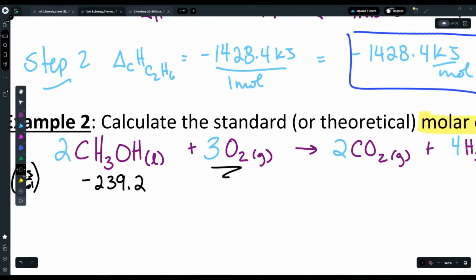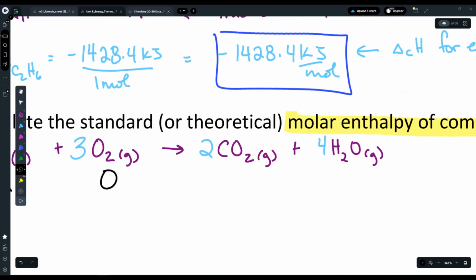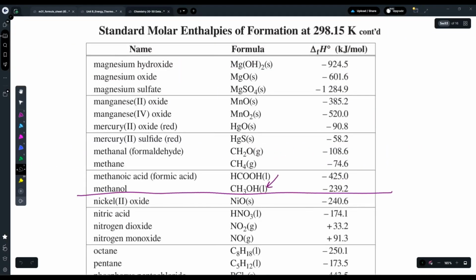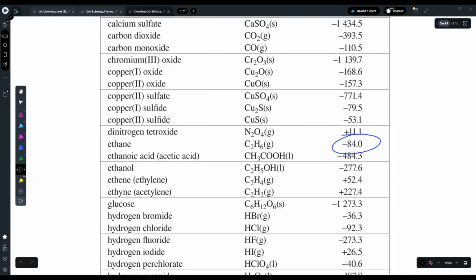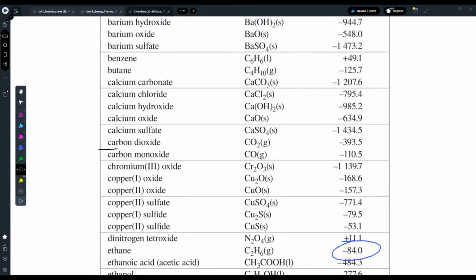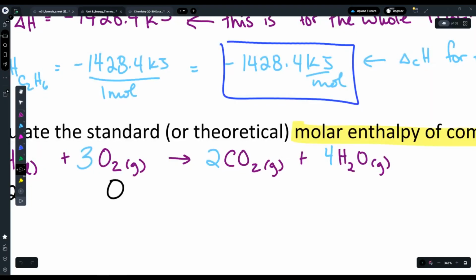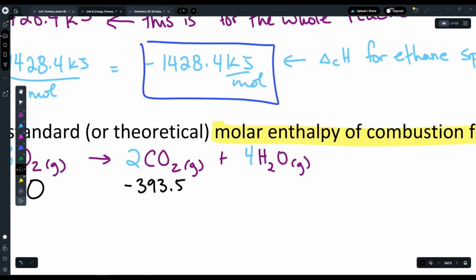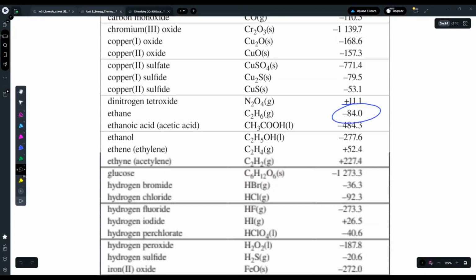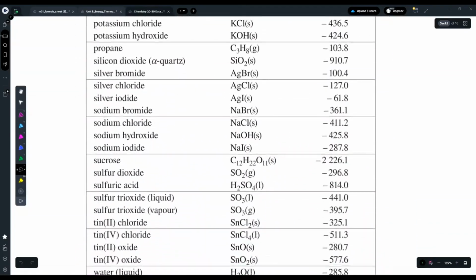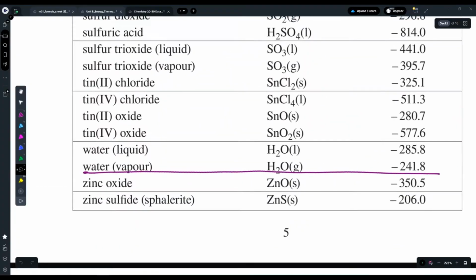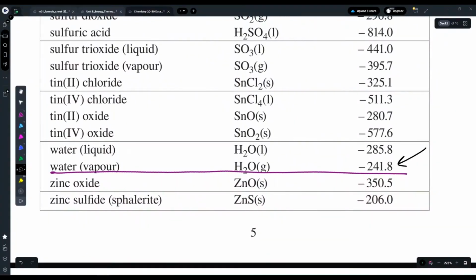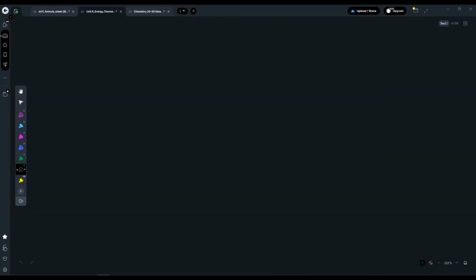Elemental oxygen, elements are always 0. Carbon dioxide is right here, so negative 393.5. And then water vapor, so again, remember to be careful about what you select. Water vapor is right here, negative 241.8.